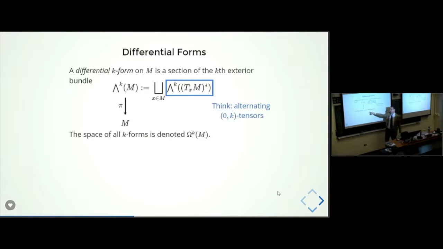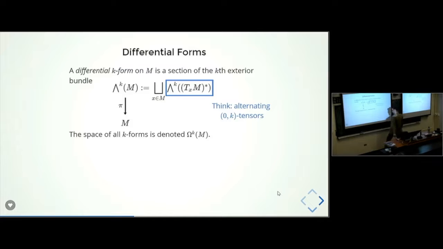And so what these things do is, yes? What's an alternating tensor? Oh, just meaning that if you have the same thing twice, it's 0. If you do some permutation, you change it by the sign of the permutation.